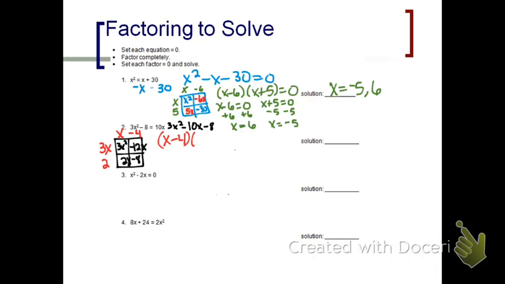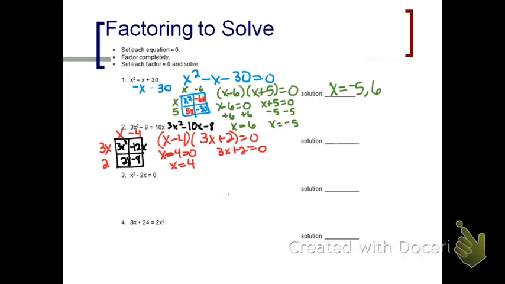and 3x plus 2. Now if I set them both equal to 0, oh wait, this is just a minus. So what is x? 4. Okay, now this one's a little bit trickier because it's 2 steps.